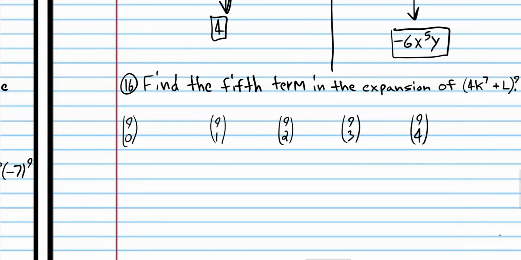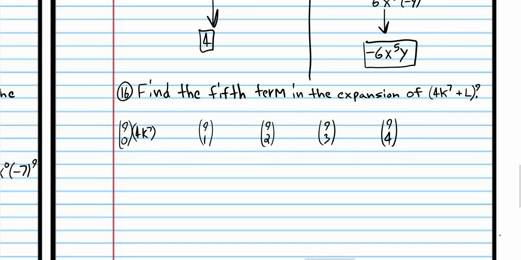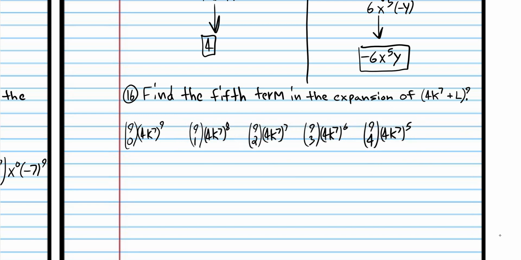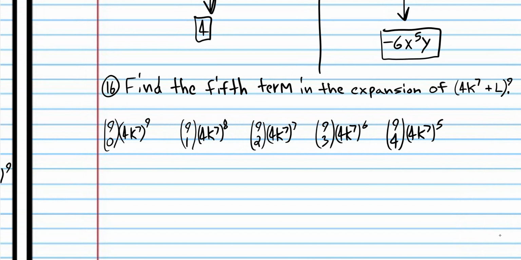And we're going to have 4k to the 7th raised to the 9th, 4k to the 7th raised to the 8th, 4k to the 7th raised to the 7th, 4k to the 7th raised to the 6th, and 4k to the 7th raised to the 5th. Again, it's not necessary for you to write out every single term. We're just doing this so we can understand the binomial theorem.